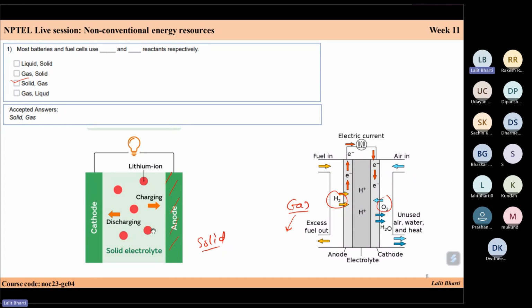Batteries are slightly different because here H2 will be completely changed into H2O, but in batteries after a cycle your cathode will be similar to the previous. It is not consumed or ending up like H2O, but you can say these are your reactants. So basically your reactants are solid here, and in fuel cells you use gaseous reactants like H2 and O2.